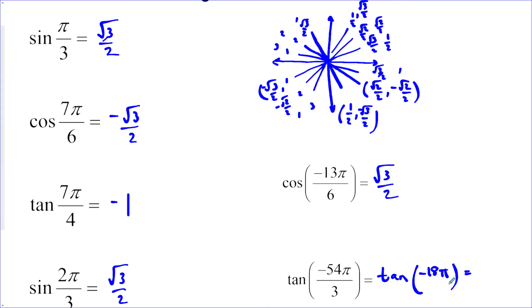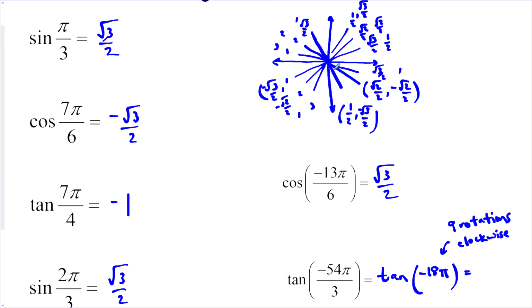Now negative 18 pi is going clockwise, and remember every negative 2 pi is a full rotation. So negative 18 divided by 2 is 9 rotations clockwise.